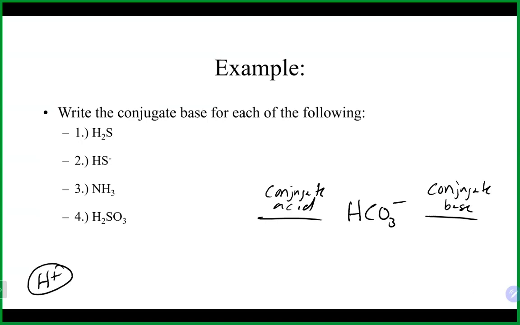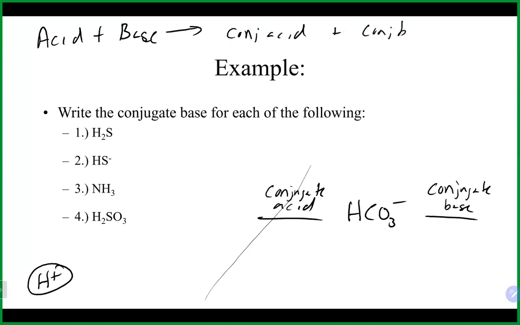The question is really, do you put it on or do you take it off? So it is important to think about the relationship that we talked about. We have our acid and bases, and on the other side, we have our conjugate acid and our conjugate base.